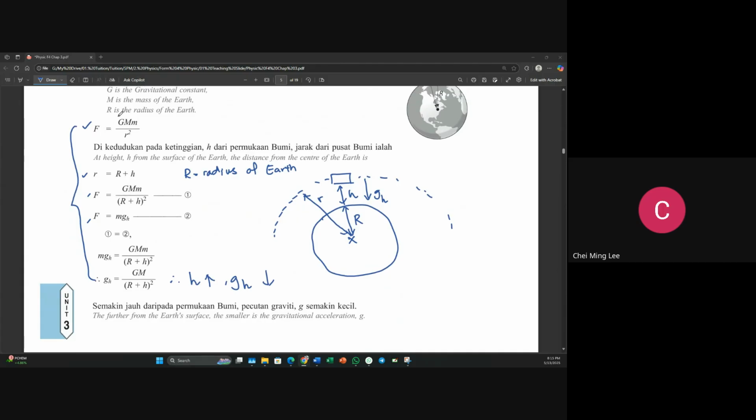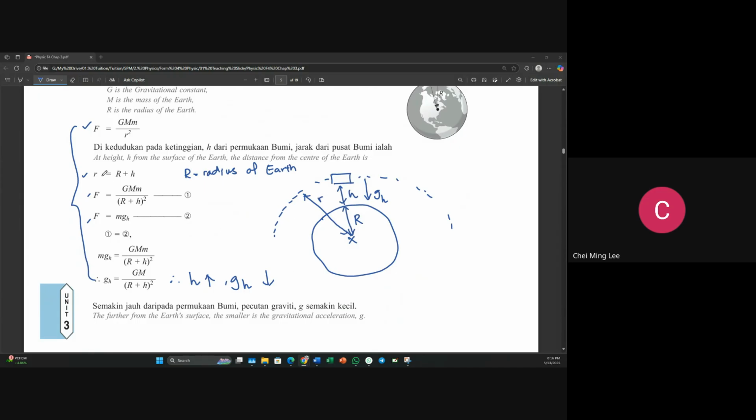So F equals GMm over r squared. The big M is the mass of the Earth. At height h from the surface of the Earth, the distance from the center of the Earth will be r equals R plus h. This is R, this is h, and the whole thing is small r.